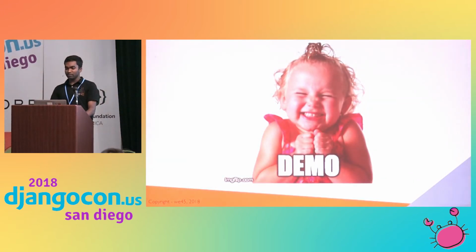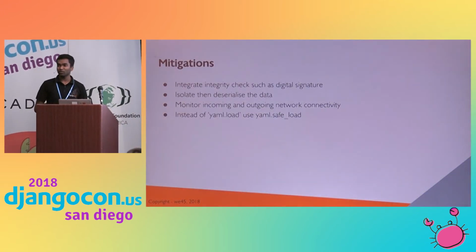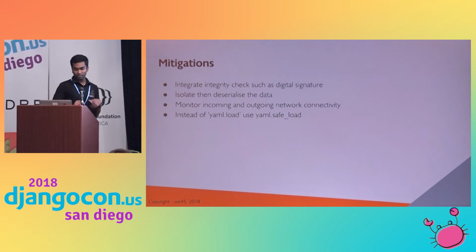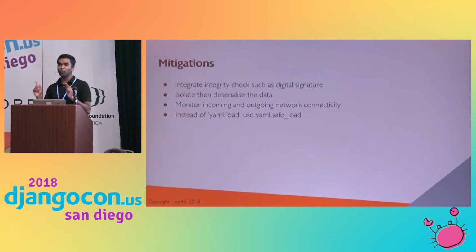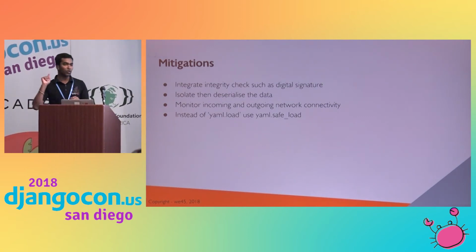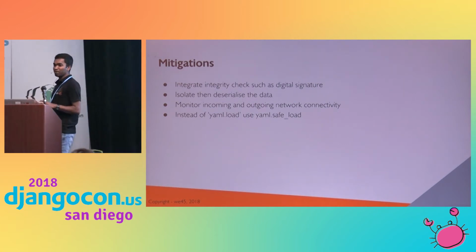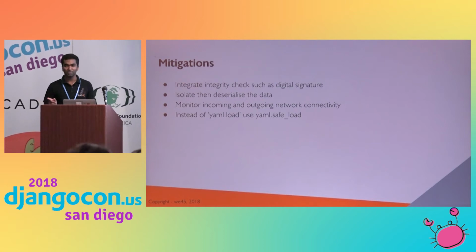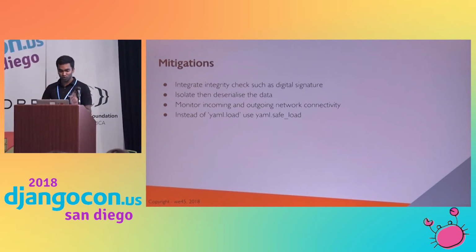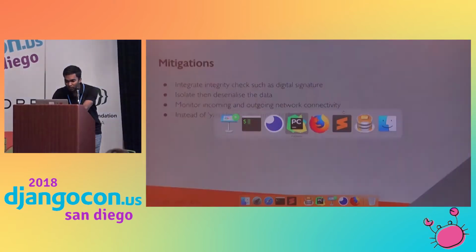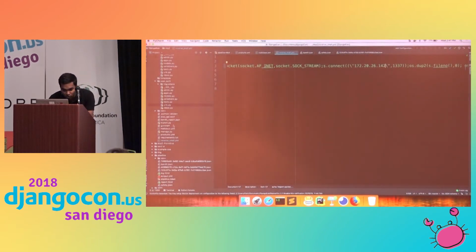How do we mitigate this? What was the problem in this case? I will show you. It's a single line of code. Because of one line of code, our entire application server has been compromised. If anyone used YAML, they will know. I'll show you the code.